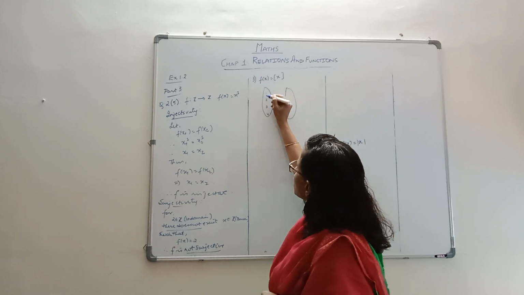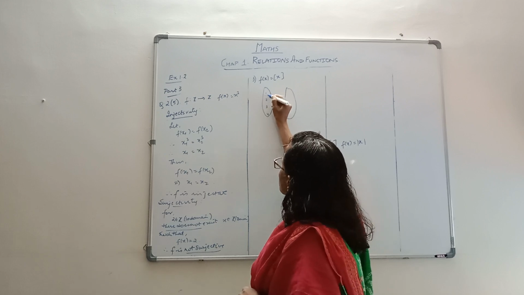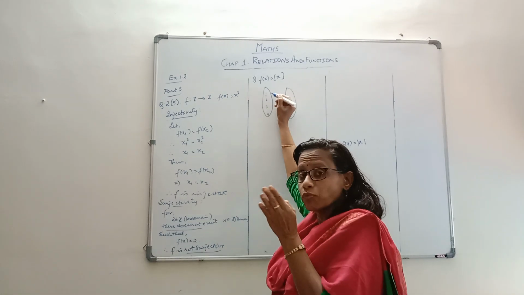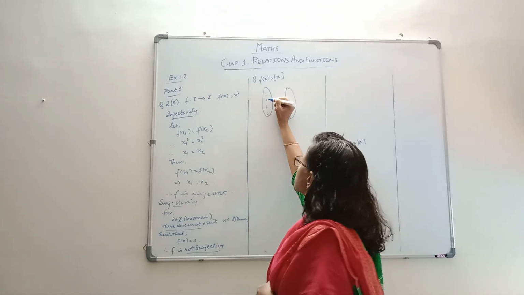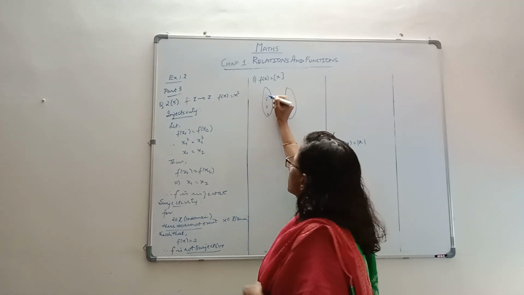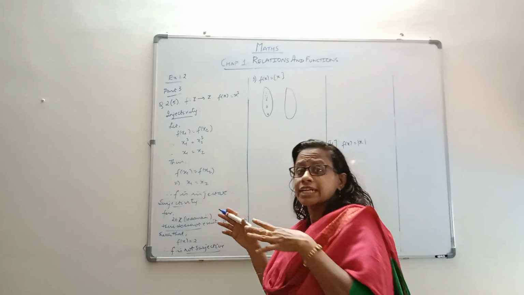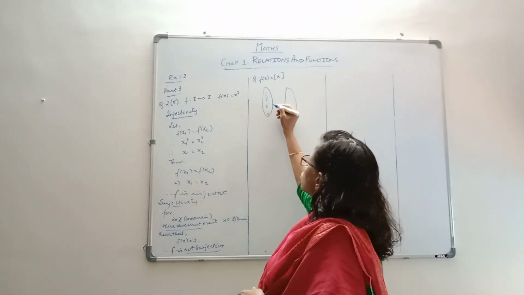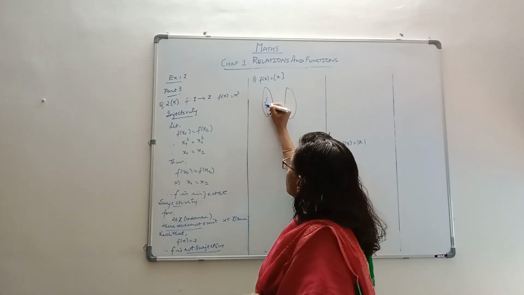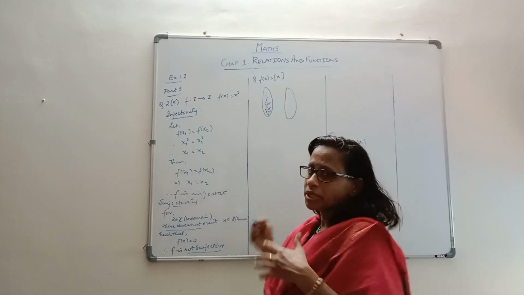Between 1 and 2 you have so many numbers, 1.1, 1.01, 1.115, 1.7, 1.2, 1.5, 1.75, 1.895, like that. Then you have 2.1, 2.85, whatever, then 3.28, then 3.41, like that. So many numbers are there.